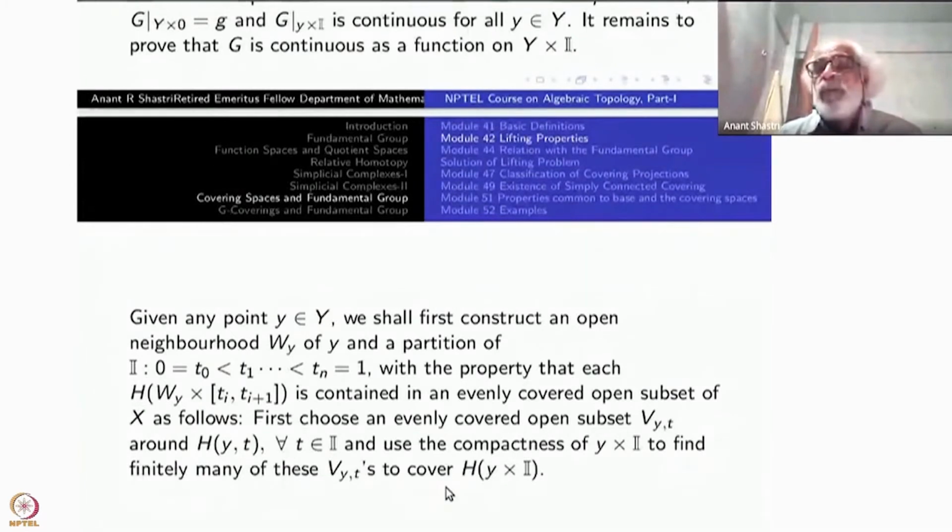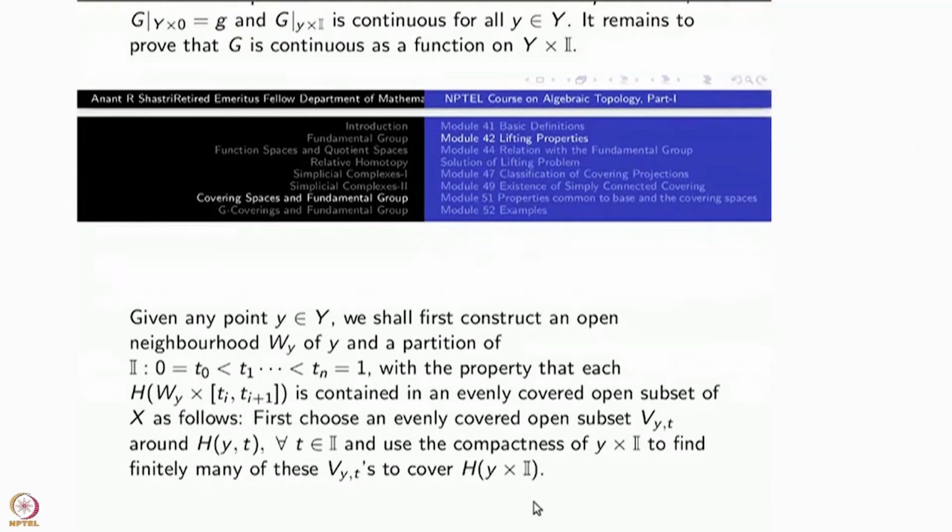We choose evenly covered neighborhoods around these points inside X such that finitely many of them cover the entire path H of y cross I. Everything is inside X now.